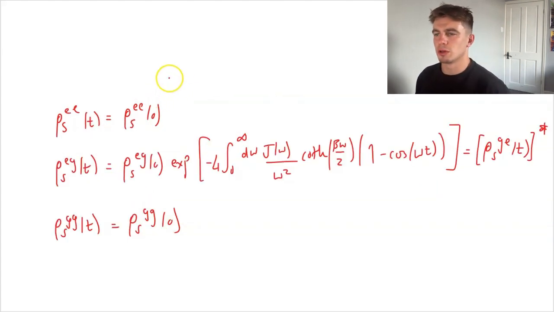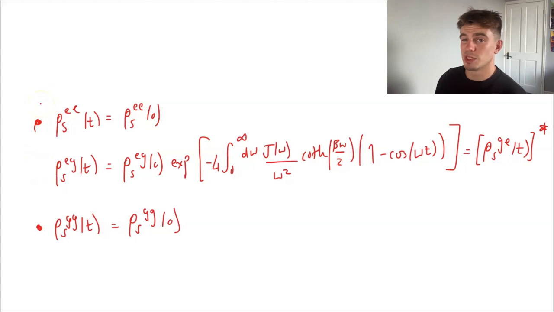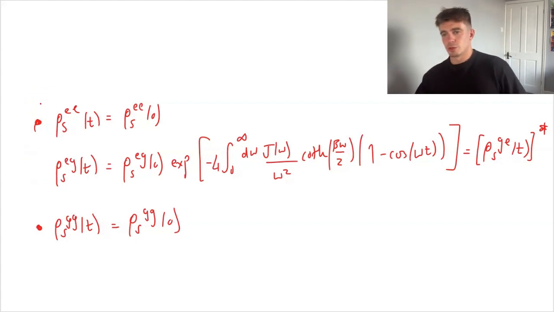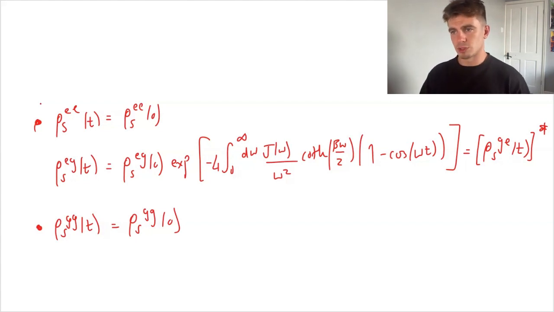We've got all of the elements of the reduced system density matrix as a function of time. The diagonal elements are just equal to their initial values because there's no energy exchange between the system and the bath, and also because there's no EG or GE terms in the Hamiltonian, so the Hamiltonian can't change those diagonal elements.